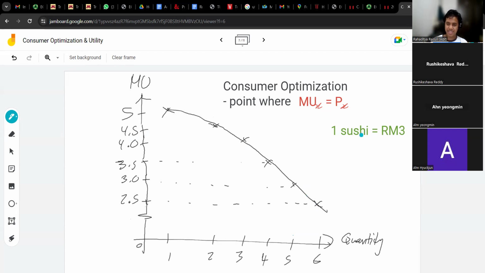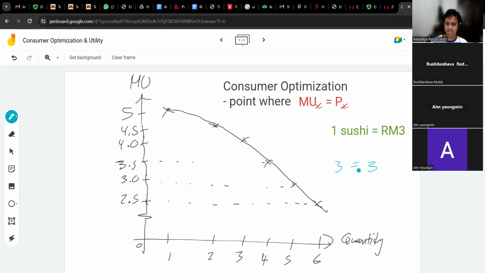So in this case, if your price is 3 ringgit, like what you said, we assume that 1 ringgit is equal to one marginal utility, then you have to recognize that your marginal utility has to be 3 because it has to be equal to your price. 3 ringgit is 3 marginal utility.